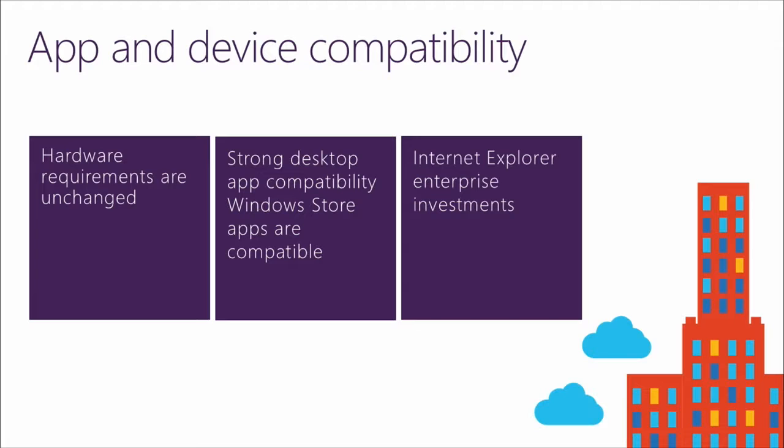There's a strong desktop app compatibility story because every app that's in the store will work, and I'd say high 90% of the applications that run on Windows 7 and Windows 8 will run on Windows 10 because we haven't really changed the kernel. We haven't really changed the basis of the Windows System32 engine. If it runs on Windows 7 or Windows 8, not guaranteed, but high probability that it'll work without any problems.